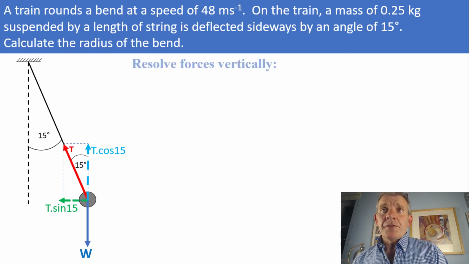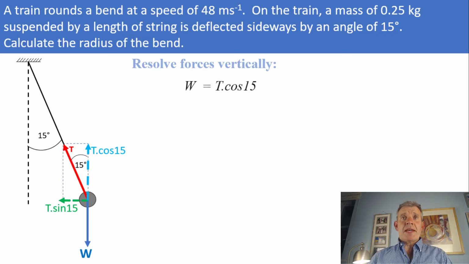Now, we can resolve the forces vertically, and what we can say here is that the forces acting downwards are equal to the forces acting upwards. And we know those two forces must balance, because as the train rounds the bend, that mass is neither accelerating upwards or downwards. So W is equal to T cos 15.